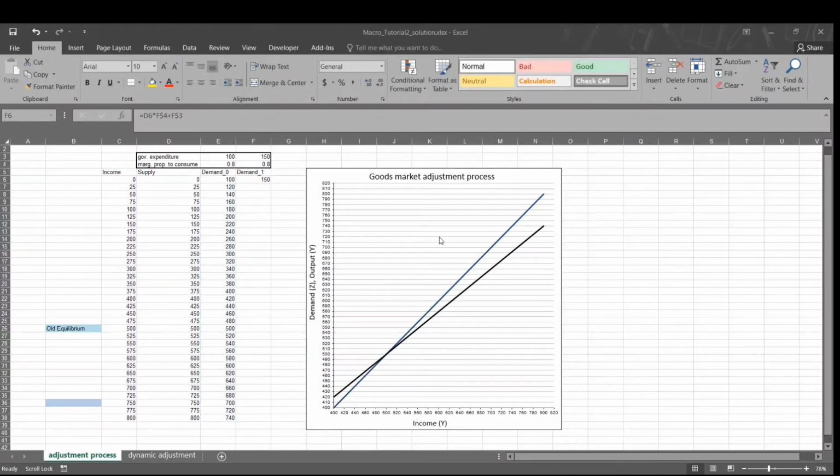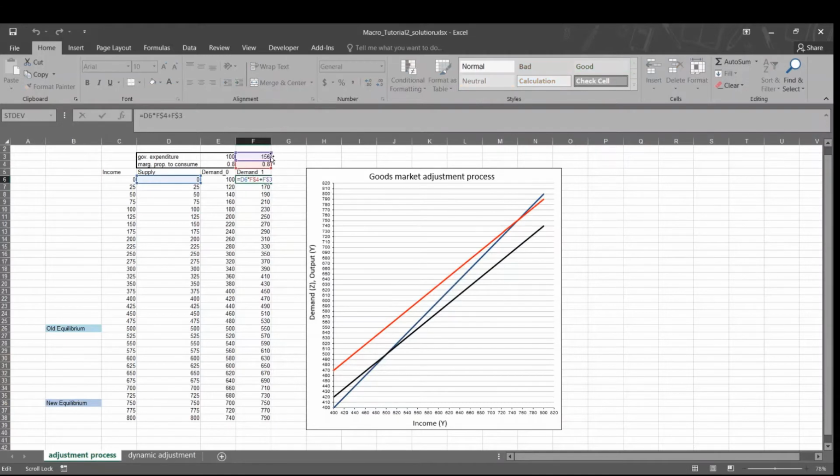And then we have said that the government expenditure increased from 100 to 150, and we would just apply this formula where our government expenditure increased from 100 to 150.